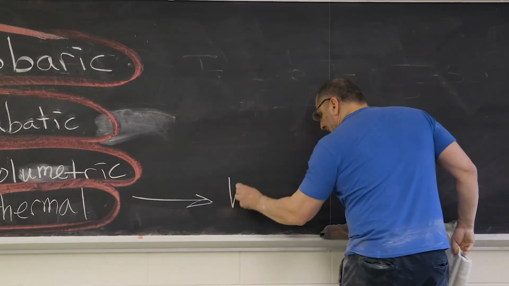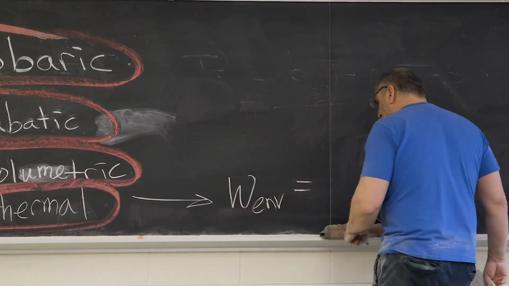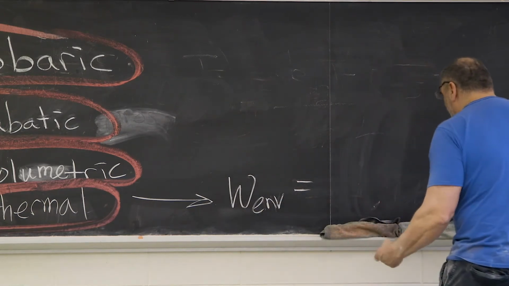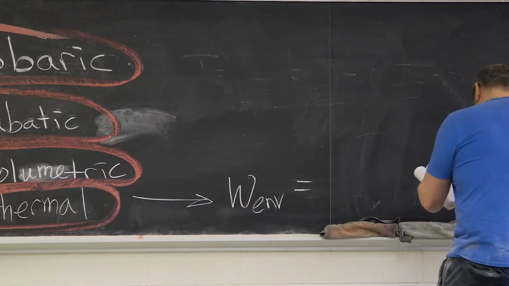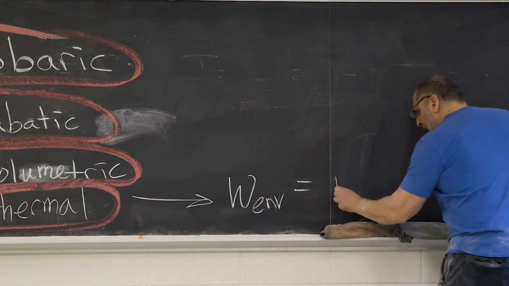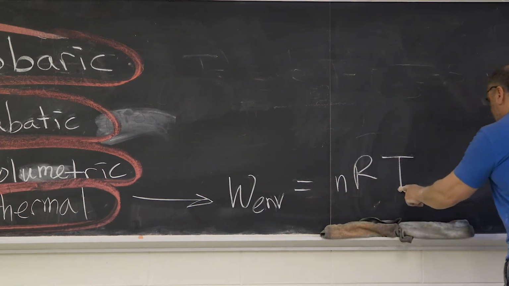So this gets a little wacky. The work that you do on the environment, that means the work done on the gas is negative, but the work done in the environment is positive. N stays constant, R stays constant. We said that T stays constant.